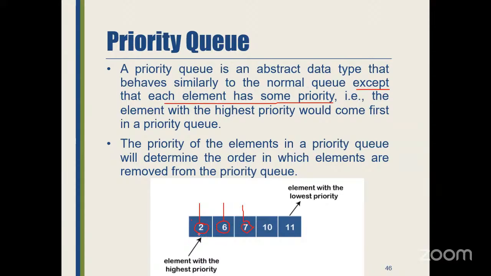So here the lowest number is used to represent the highest priority. So this cell has the highest priority, so it comes first to the queue. That highest priority element will be added to the queue first. So this is the meaning of priority.